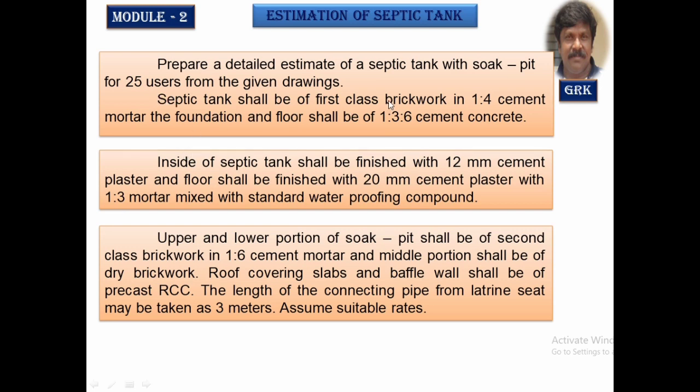Septic tank is of first class brickwork of 1:4 cement mortar, and the flooring is of cement concrete of 1:3:6, and the inside part of the septic tank has been plastered with 12 mm thick and the flooring with 20 mm thick cement mortar plastering with a ratio of 1:3 with a standard proofing compound.